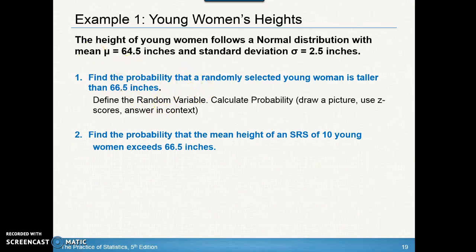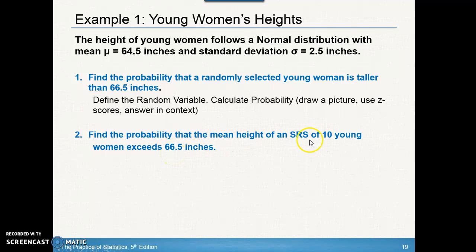Now notice how question 2 is different. Find the probability that the mean height of a simple random sample of 10 young women exceeds 66.5 inches. Since this says simple random sample of 10 young women, that's saying the whole sample exceeds 66.5.